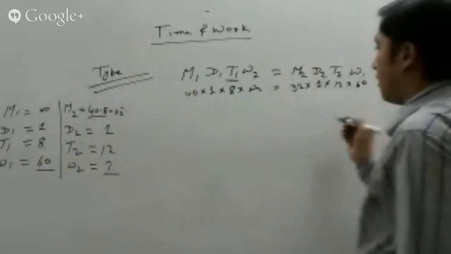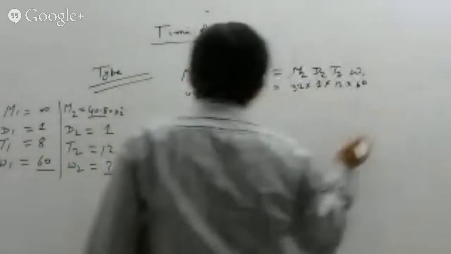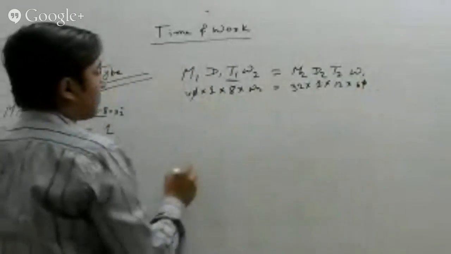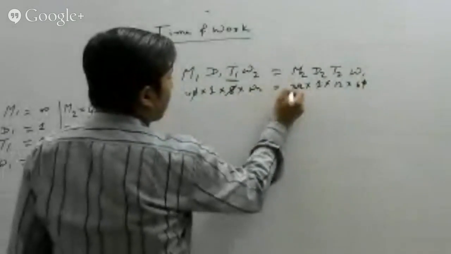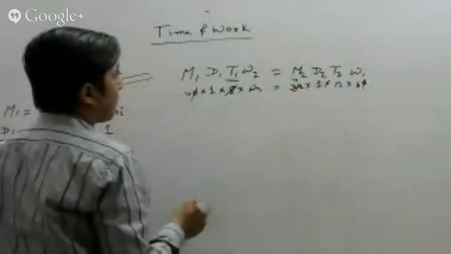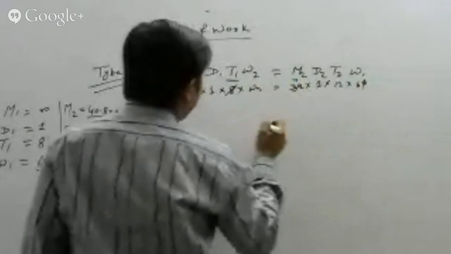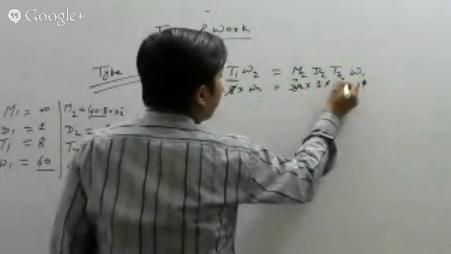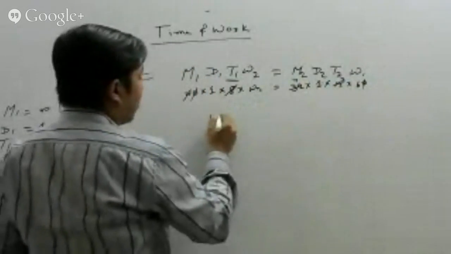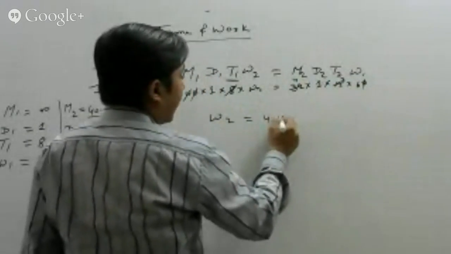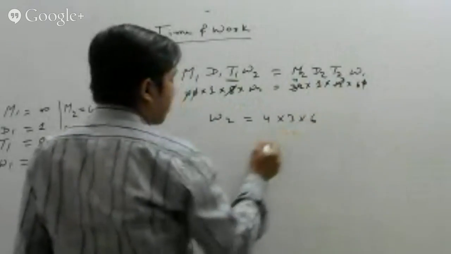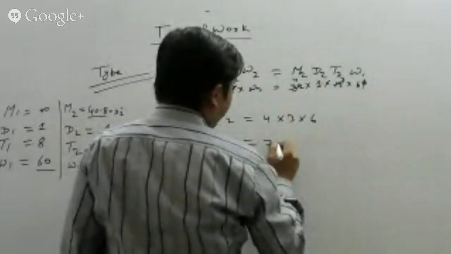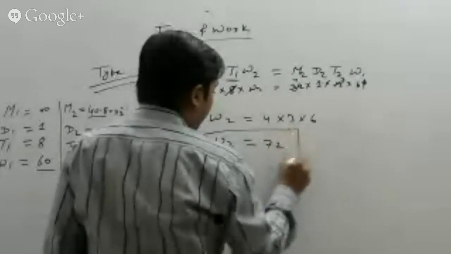Now solve it. W2 is equal to 4 into 3 into 6. W2 is equal to 72, which is the required answer.